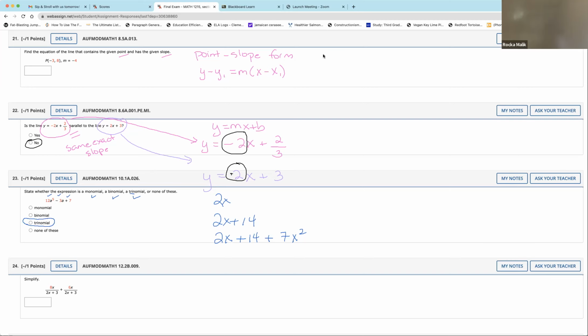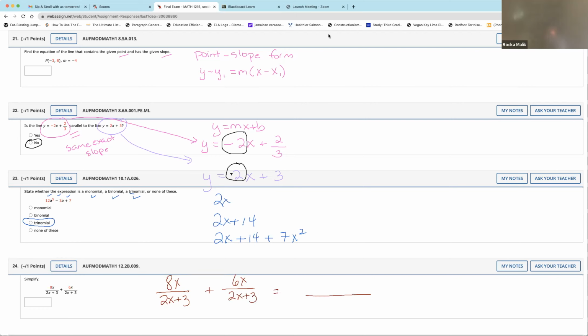Okay, last one, right. Simplify. When I add fractions, I have to have the same denominator. If you're lucky, this has the same denominator. So I have 8x over 2x plus 3 plus 6x over 2x plus 3.